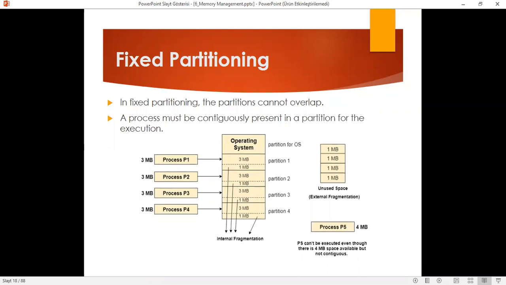These are, as I told you, internal fragmentation. Internal fragmentation means inside the partitions where processes are running, there is some space. If there is some space, it is called internal fragmentation.